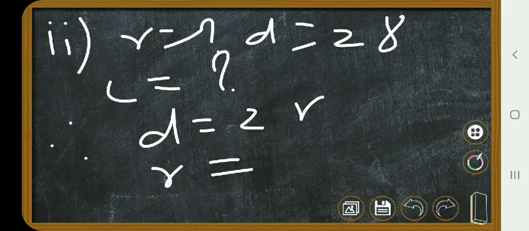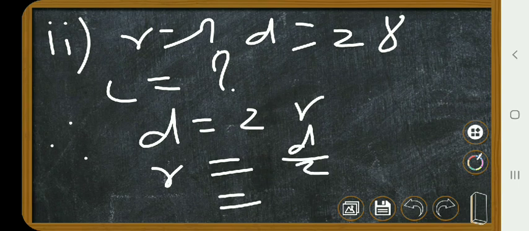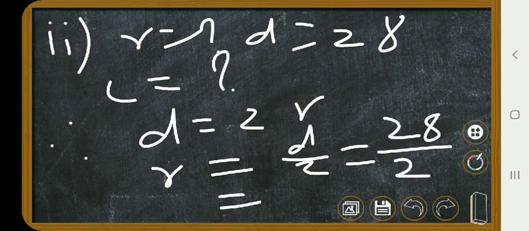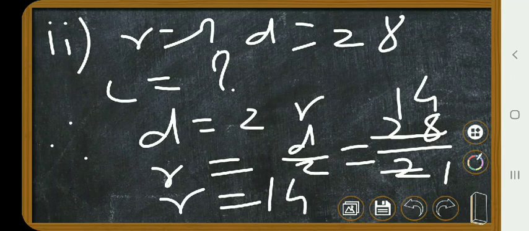To find radius, you have to write d by 2. The value of d is 28, divided by 2. 2 ones are 2, 2 fours are 8. So radius will be 14.